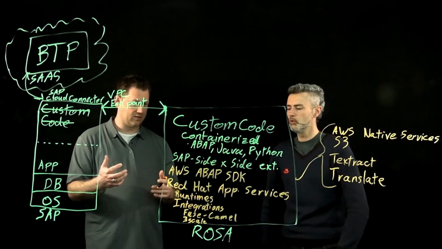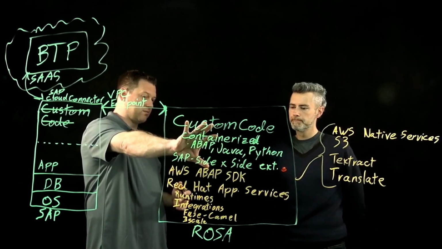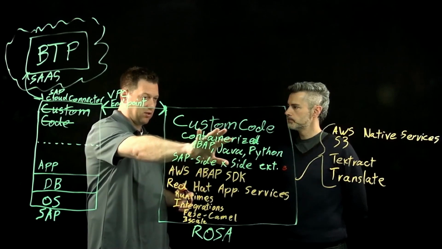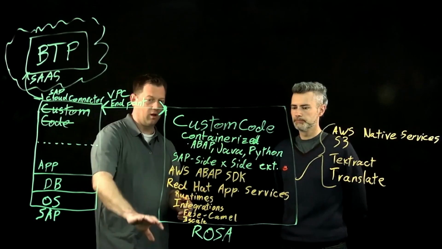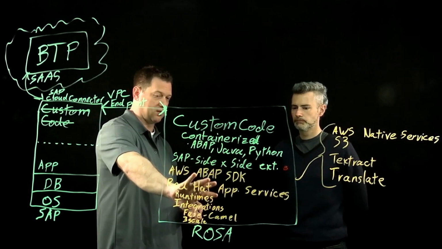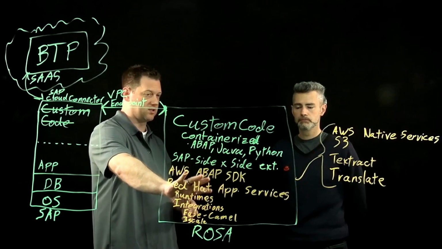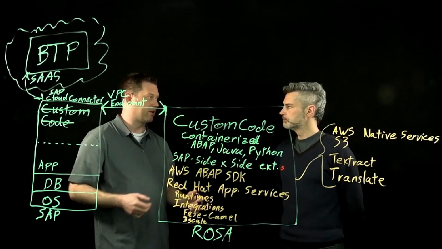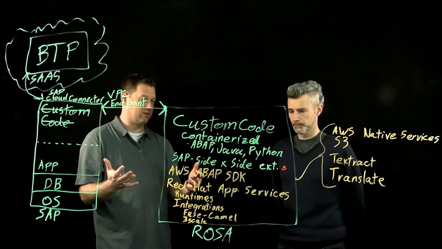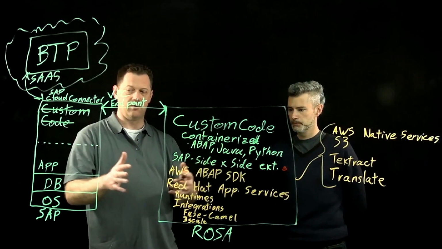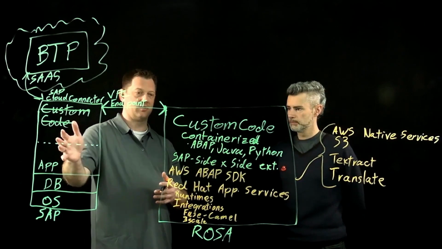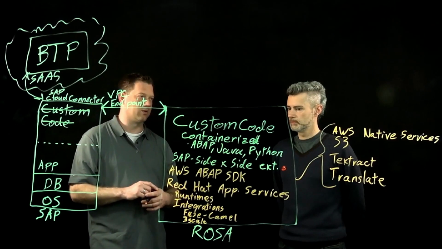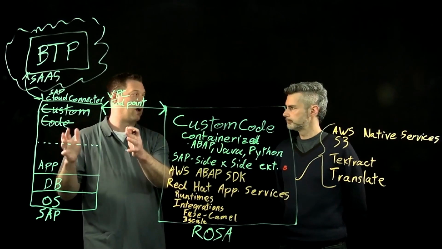That sounds fantastic. Moving all of our custom code over here, we have a whole lot more options and a lot more tools. And these tools, like the Red Hat application services and runtimes, are used in other applications. Yeah, of course. So it's another toolbox that's now available for our customers to be able to integrate with their SAP system. So SAP is not as isolated as it was.